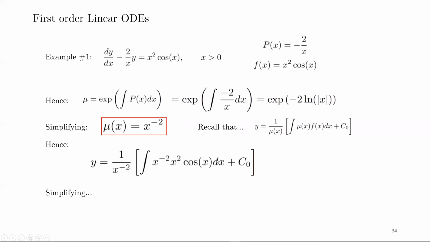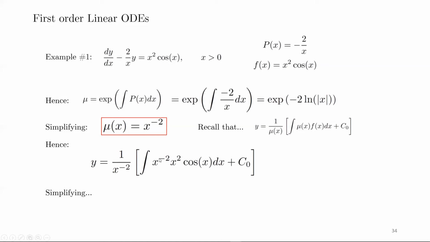Hence, in our case, our integration factor mu is x to the power of negative 2. So we get 1 over x to the power of negative 2 times the integral of x to the negative 2 times the right hand side, x squared cosine x, and we still have our integration constant here. So we have to add that in too.